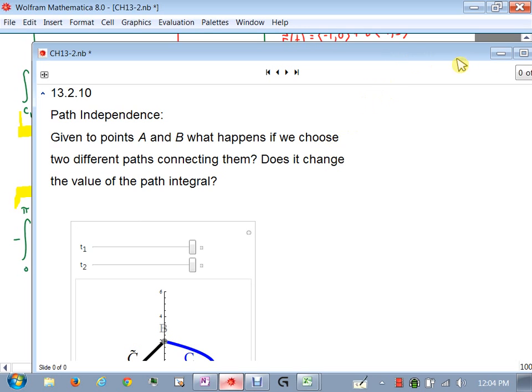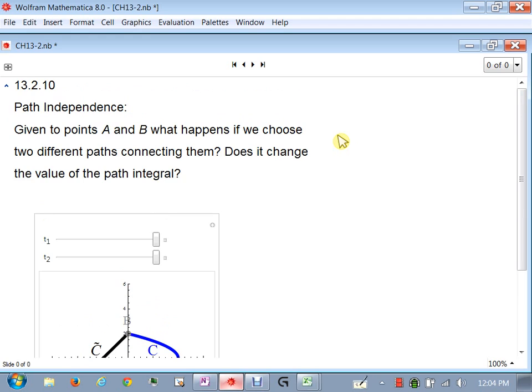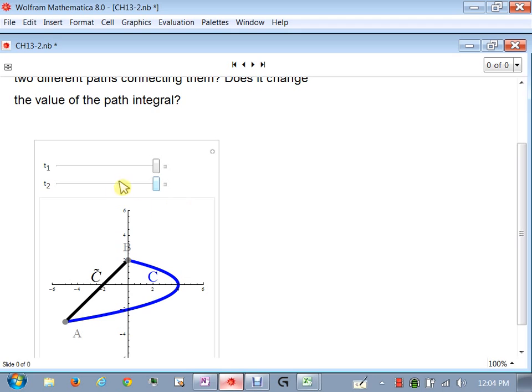And now that brings us to an even larger point, which is the idea of path independence. So given two points, A and B, what happens if we choose two different paths connecting the two? So if I go A to B, there's infinitely many paths, right?